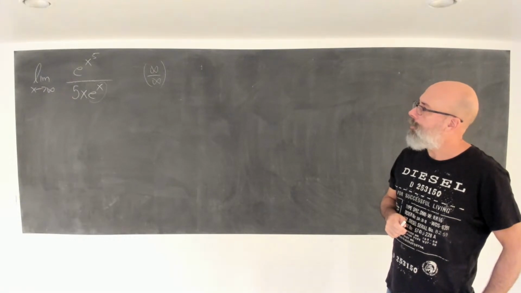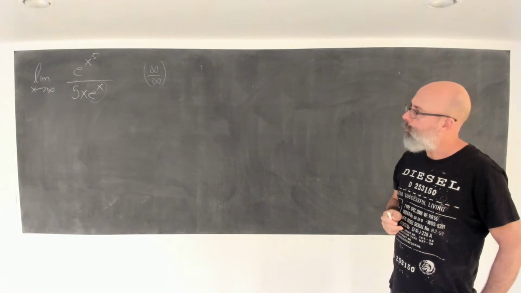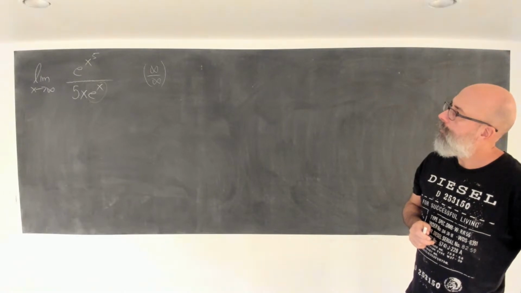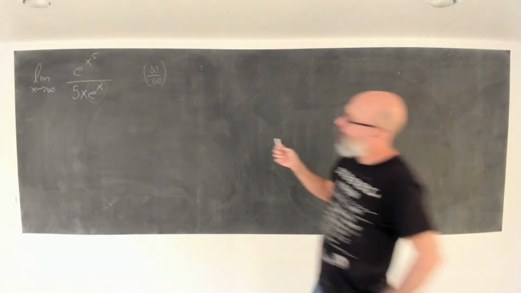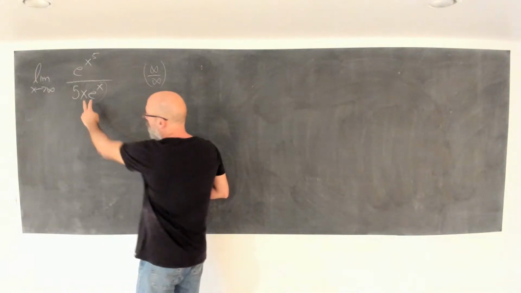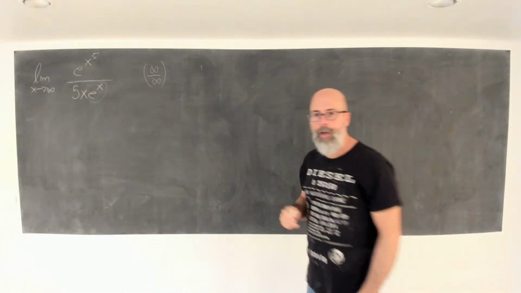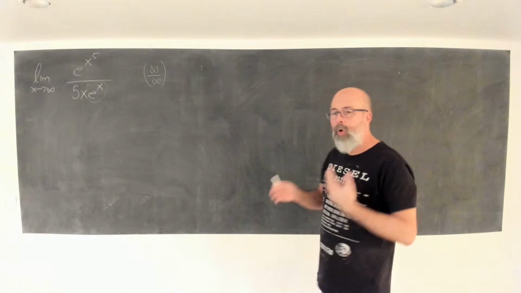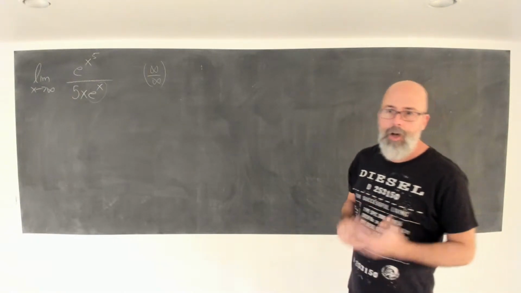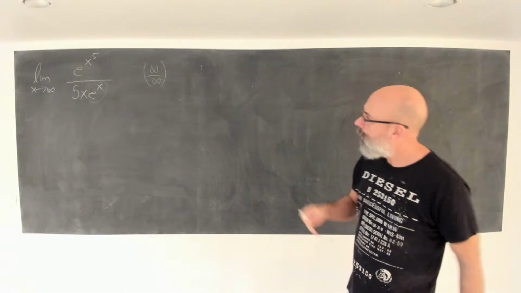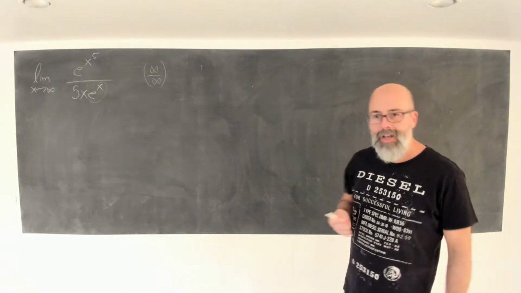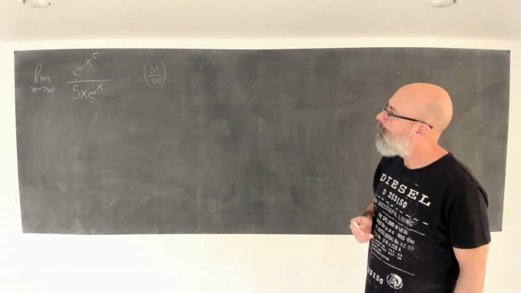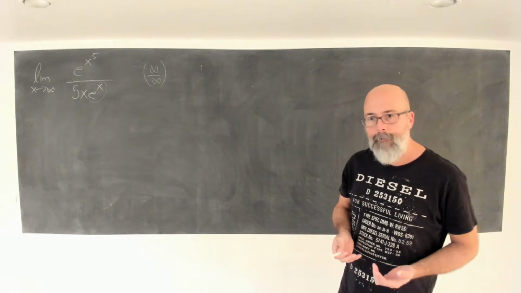Why would I not apply it immediately? First of all, the derivative of the denominator is going to be a product, so the product rule applies to that, and it's going to make it more difficult. And as you go along, it's always going to have the form infinity over infinity, because you're not going to be able to cancel anything. So that's the issue. And the denominator will never disappear.